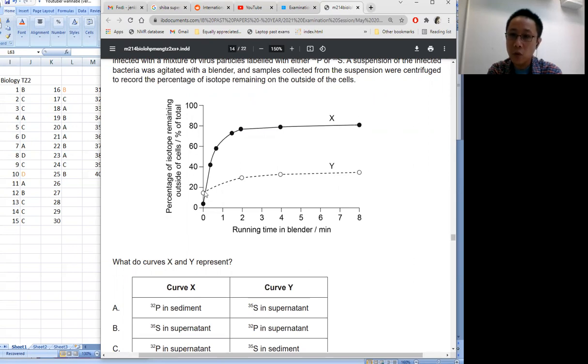Well, there was no X outside of cells, and by the end, there's a lot of X outside of the cells. But then they're still asking for phosphorus in the sediment.